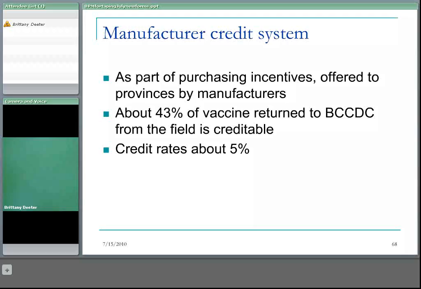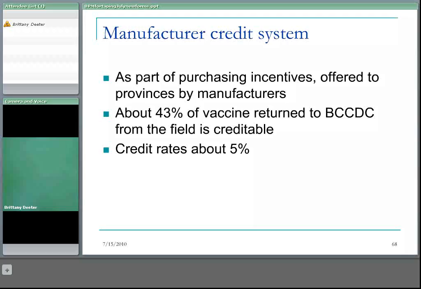Also, the harvest is important to get the vaccine back to the BC Centre for Disease Control because we need to figure out what is the difference between the vaccine numbers that went out and what we have in IFIS, because often those numbers are wildly different. So it's hard to figure out, did some of those vaccines get wasted? Did they go out to doctors and we never got forms back that were entered into IFIS?